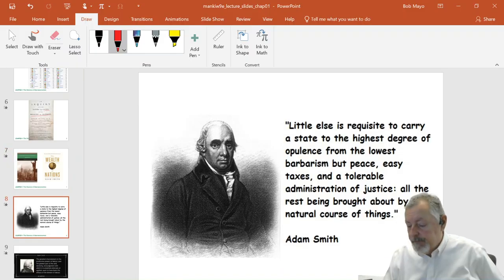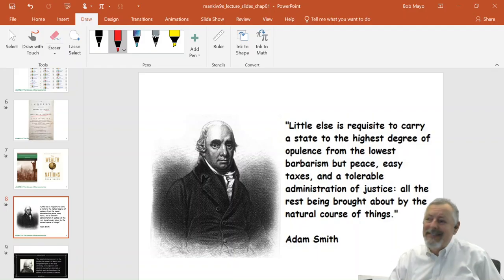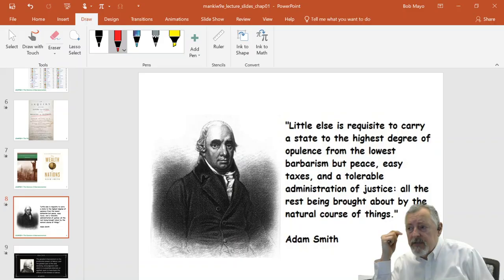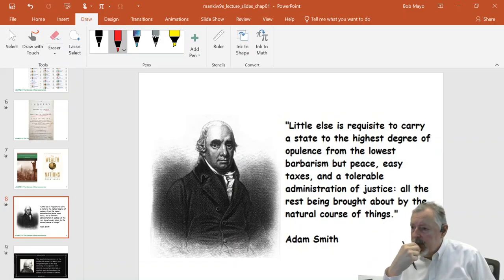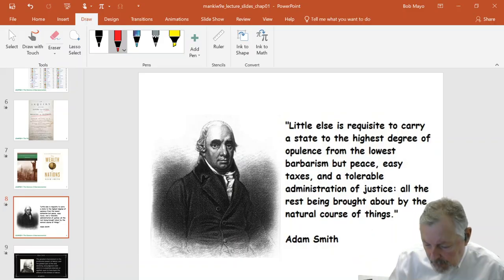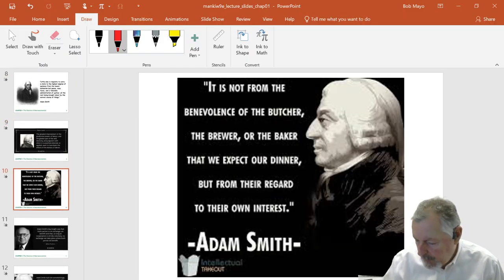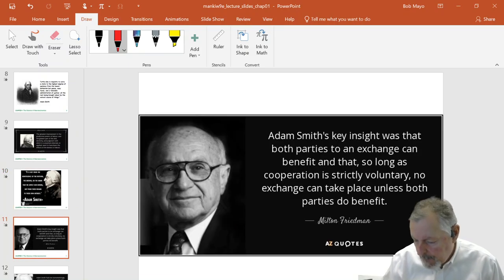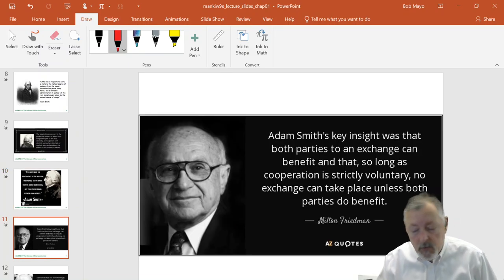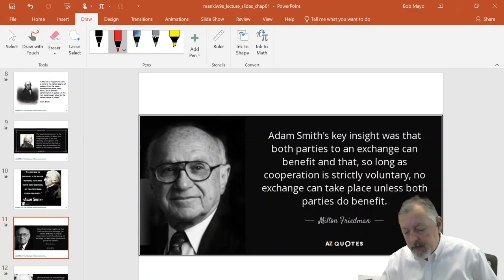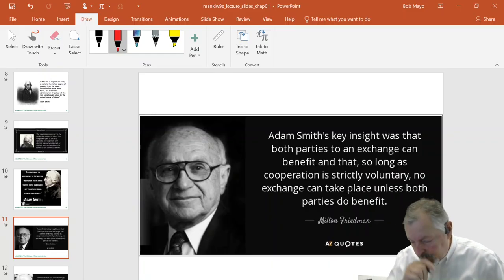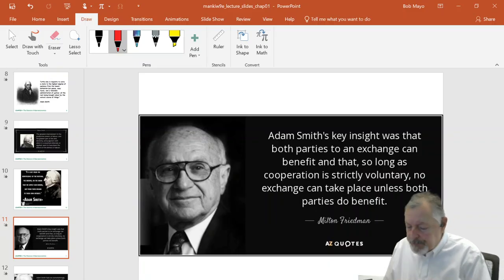Adam Smith's answer: little else is requisite to carry a state to the highest degree of opulence from the lowest barbarism, but peace, easy taxes, and a tolerable administration of justice. Here, another great figure in macroeconomics, Milton Friedman, really created the field of monetary economics in the 1960s.